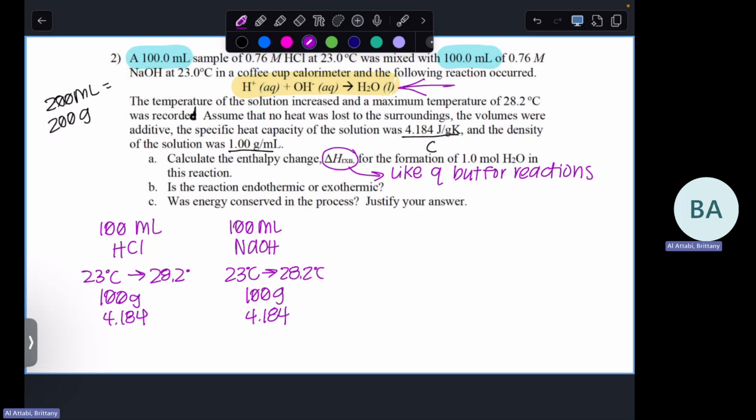Just like the copper got dropped in and released heat and the water absorbed that heat. Same thing, except I'm talking about the reaction that's losing the heat. So my solution changes temperature. I'm going to treat it just like Q. I have 200 grams of solution. I was told 4.184 joules per gram Kelvin, but it's degrees Celsius, whatever. Like I said, it's the exact same thing.